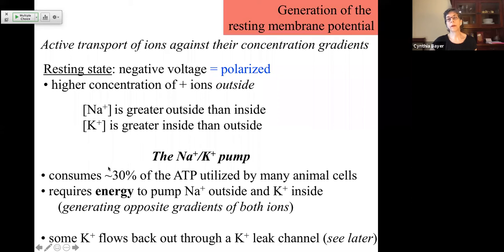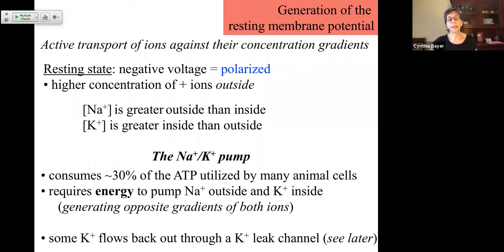Movement of ions against their concentration gradient requires ATP. Our cells that have these sodium potassium pumps consume about 30% of all of the ATP that's utilized by cells. And in our brains, about 20% of all of the ATP used in our neurons is used to drive this sodium potassium pump.